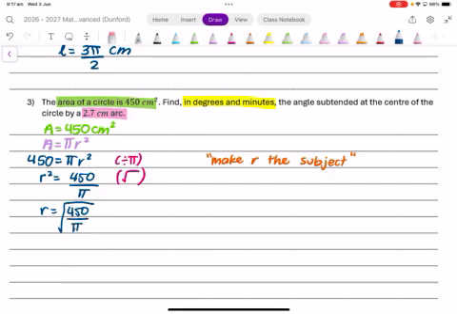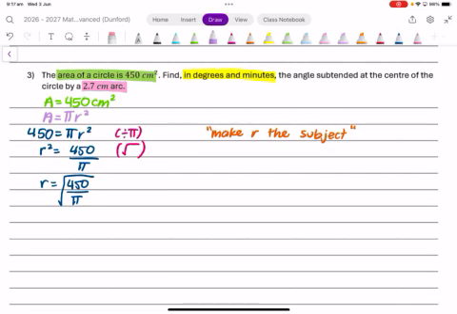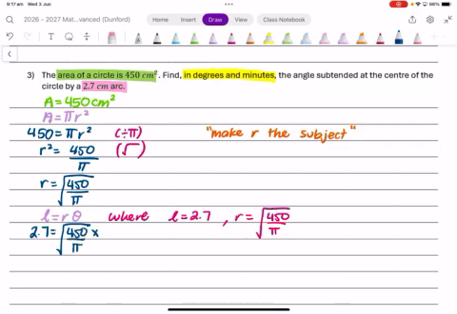From here, we now know our radius. We also have our arc length. So we can use our arc length formula, L equals r theta, where we have that L is equal to 2.7 and r is equal to the square root of 450 on pi. So we can substitute those in. So we'll get 2.7 equals the square root of 450 on pi times by theta.